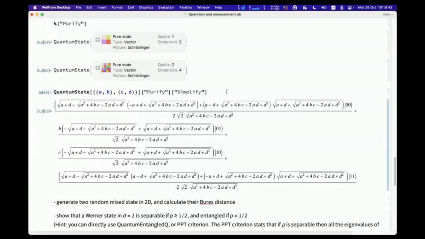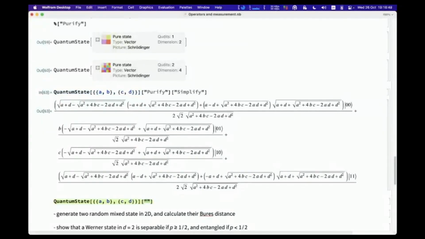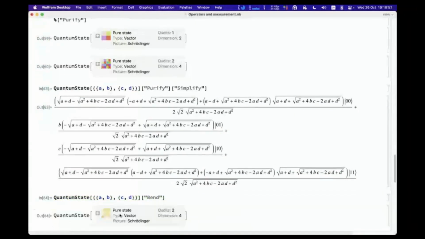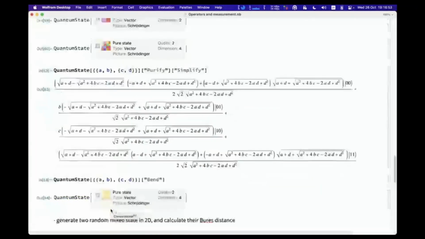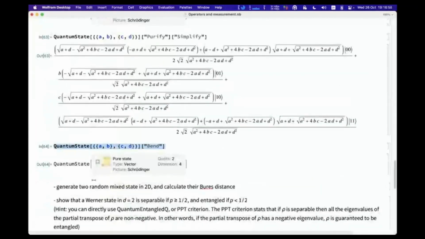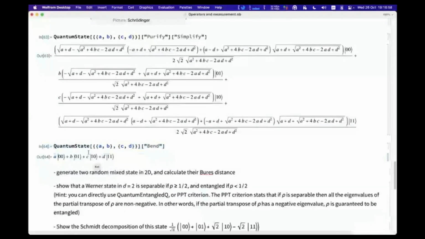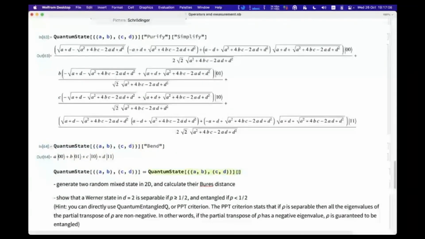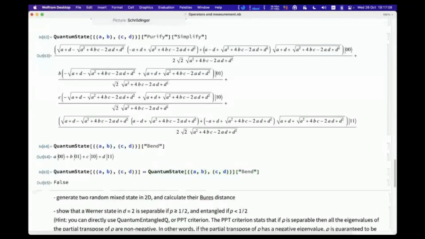We have something similar to purification. We call it bend. What happens is that we literally just expand the dimension without changing the amplitudes. So this time, for example, let's look at the formulas. You see here, it's expansion without changing the amplitudes. Again, this is not the usual purification that we have in quantum.